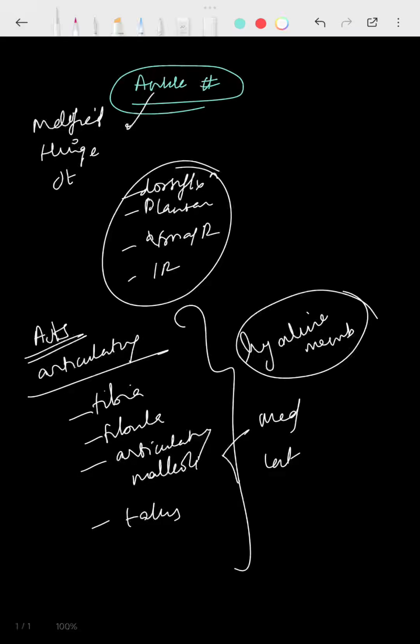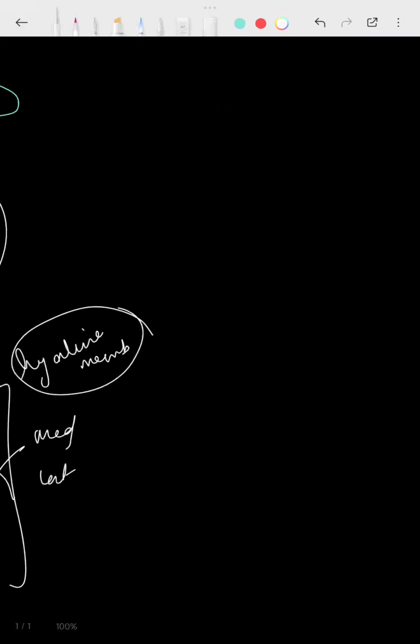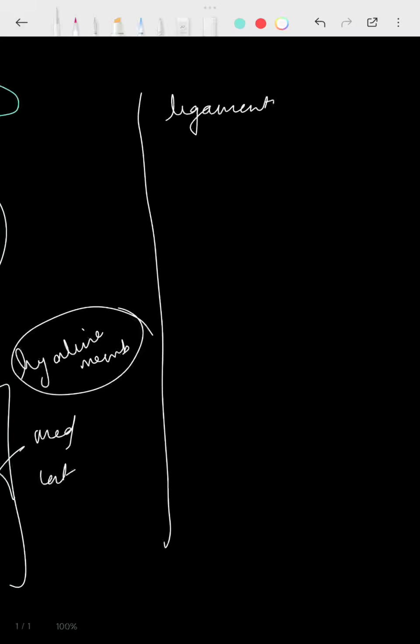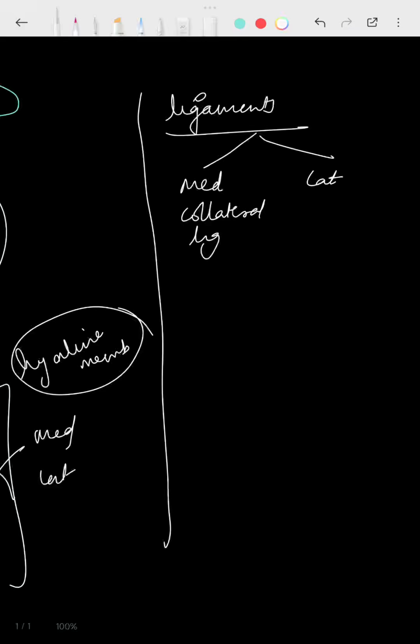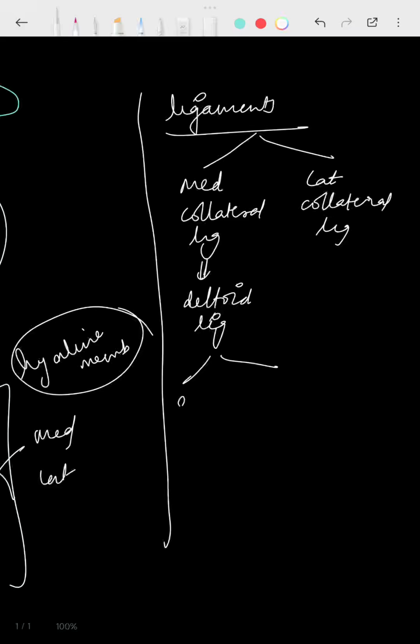Let us talk about ligaments. Basically, the ankle joint has two groups: medial and lateral. The medial collateral ligament is also called the deltoid ligament, and it has two groups: superficial and deep.